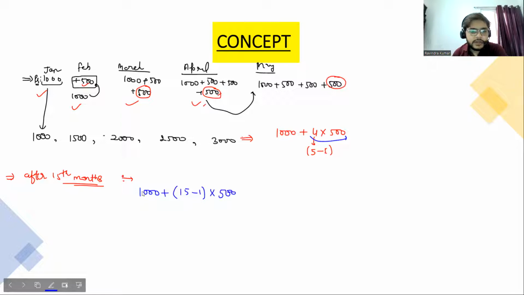So the pocket money after the 15th month will be 1000 plus 14 into 500. So it is 1000 plus 7000, so it will be rupees 8000. Got it? Okay, let's elaborate it further.